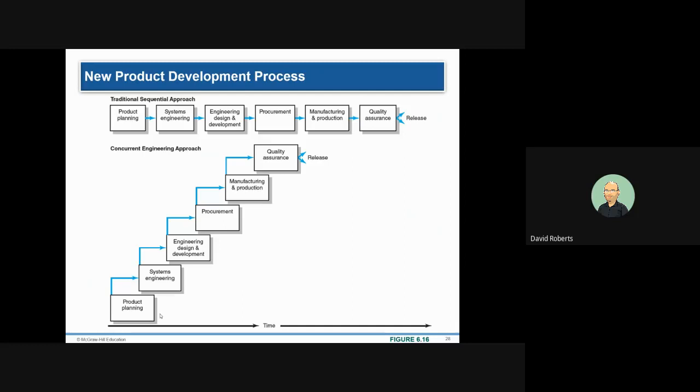So let's say you get to 80% of the product planning, then the systems engineers can start to look at it. And then the same thing once the system engineers start, they don't have to be completely done before the engineering, design, and development. In fact, it's a good idea to do it that way because they can identify certain requirements that the systems engineers can still build in when it's not set.